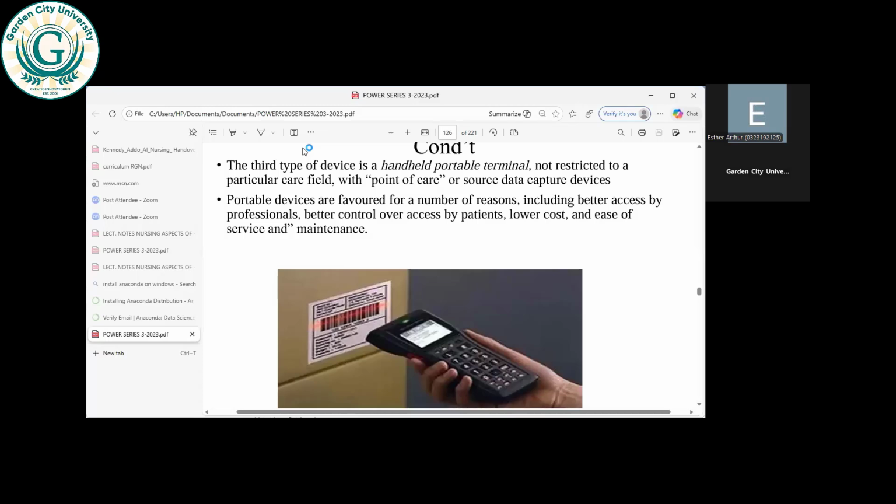For instance, the laptop that we use for such engagement, is it meant for one person or is it just for the entire number of patients who may be on admission?